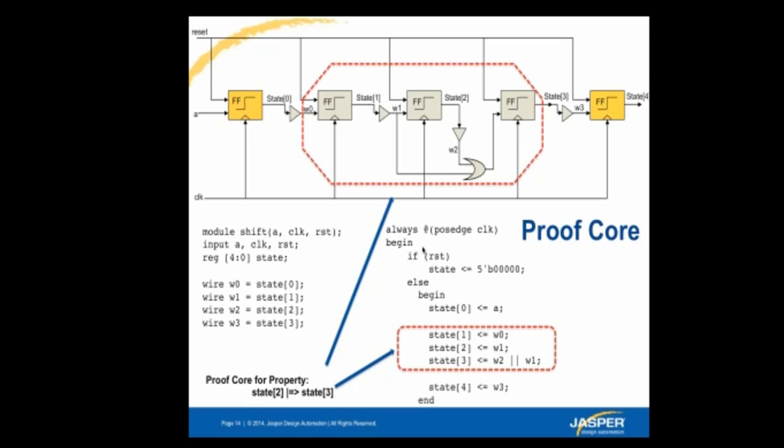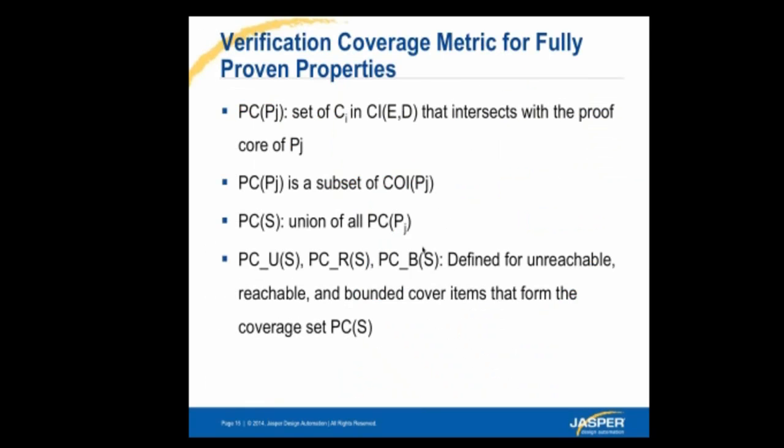With the proof core, you will have a more precise measurement to understand the contribution of the property validity out of the overall design. Basically, we give a set of properties, and we identify the cover items based on the coverage model that I described before, and it could be behavioral properties coming from the user or extracted automatically from the design.